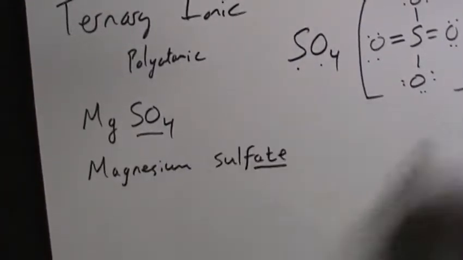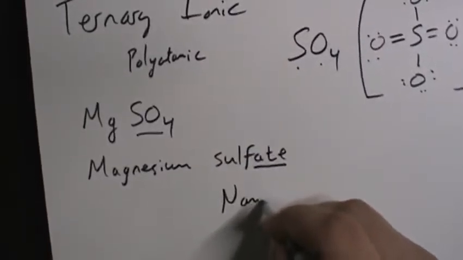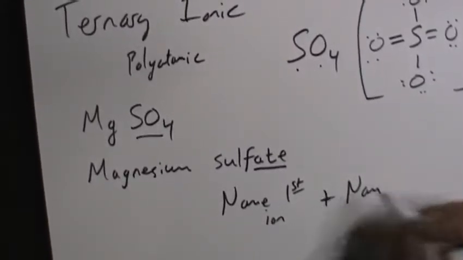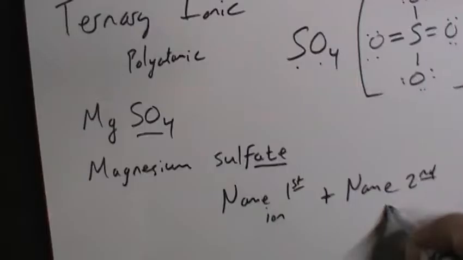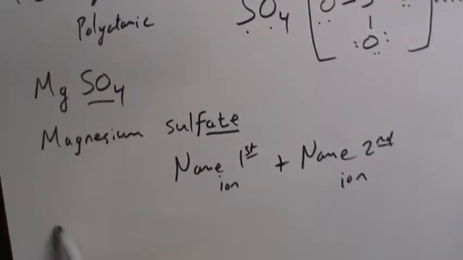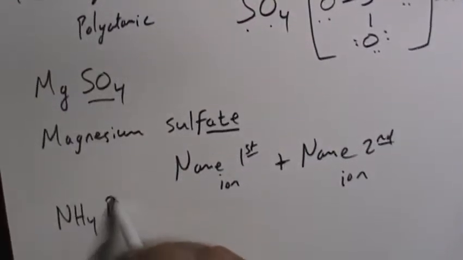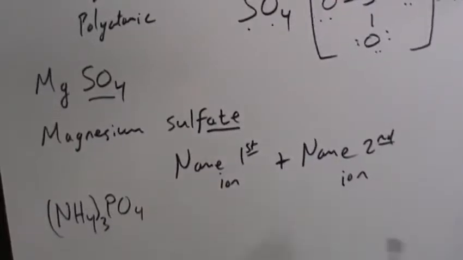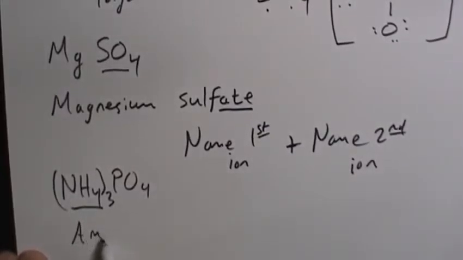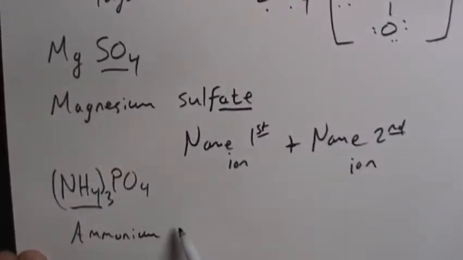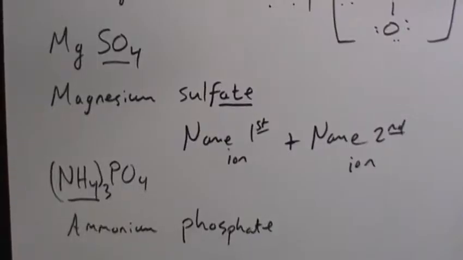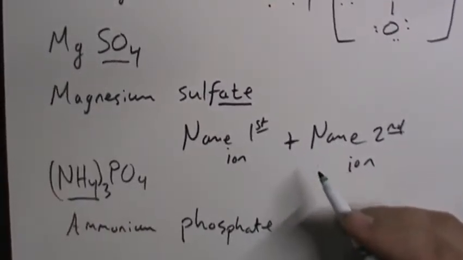So the rules for ternary compounds: name the first ion, name plus, not minus, name the second ion. That's it. If it's polyatomic, you don't change it. So (NH4)3PO4, to keep it charge balanced, is ammonium. That's the NH4 part. And then phosphate. Now, notice I've got these parentheses. That's telling me I need 3 ammoniums to cancel out the charge and 1 phosphate.